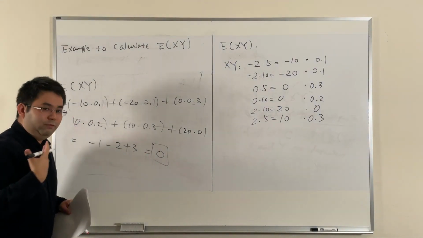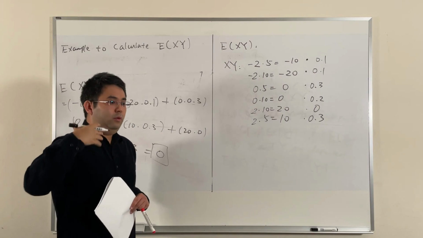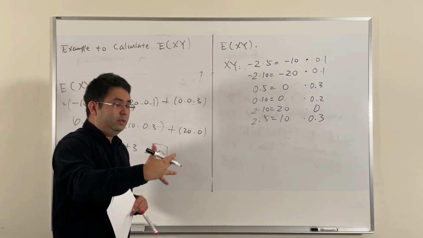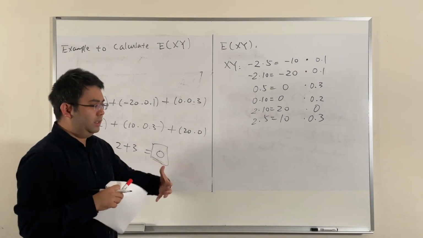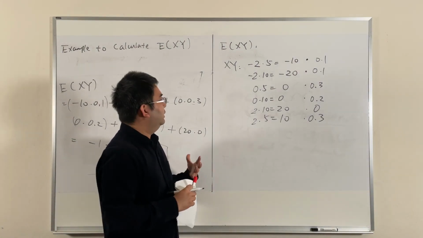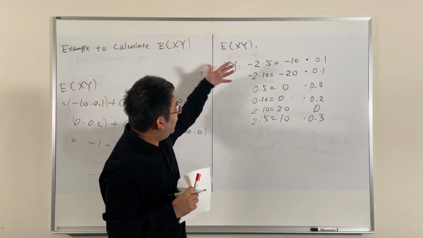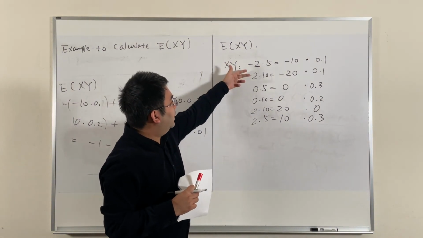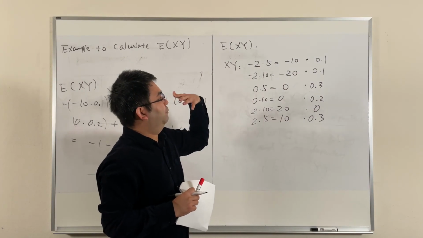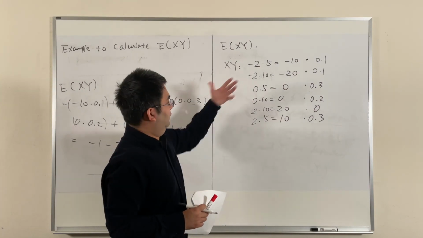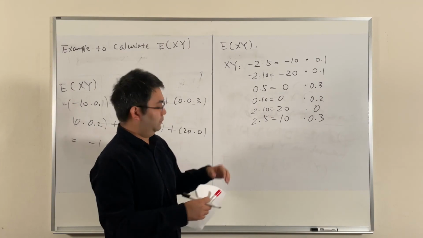So the expected value of the random variable x times y in this case is 0. The important point here is that you need to get all the possible outcomes of the two multiplied, and multiply by the joint probabilities of each combination happening.